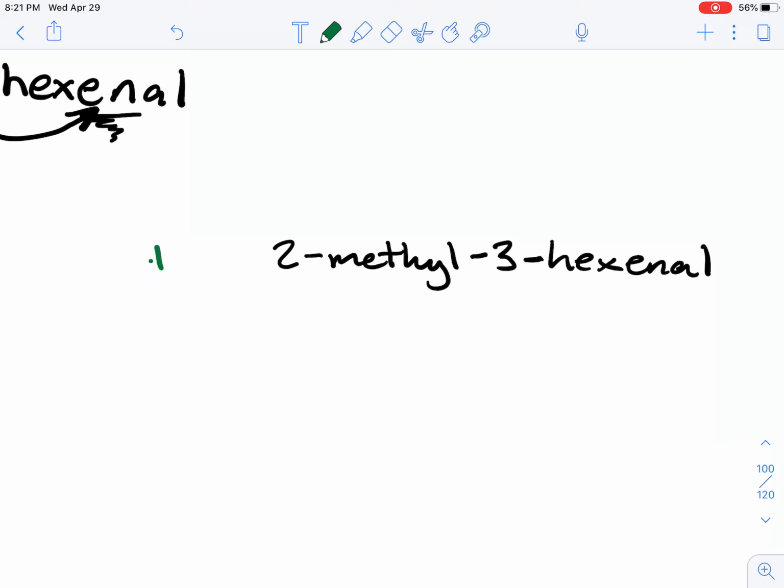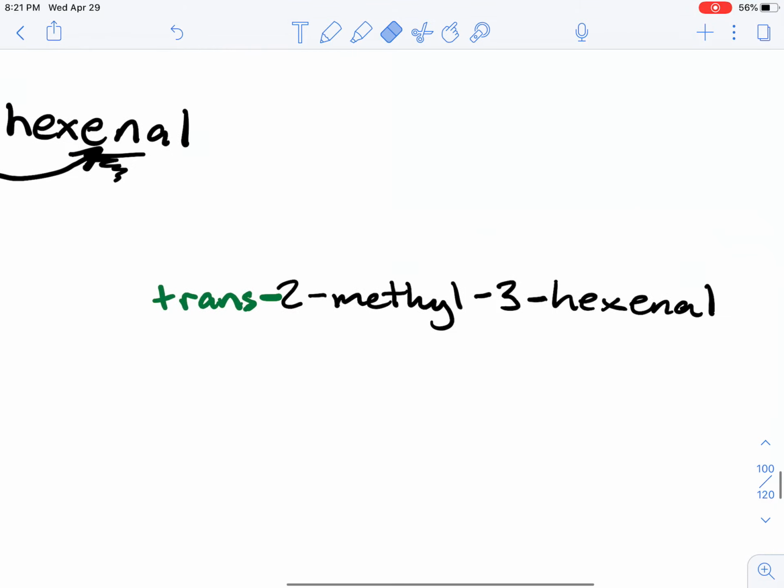And so in this case, it's going to be trans. And then now we're going from letter to number, so that I need a dash. So that's going to be trans-2-methyl-3-hexanal. And that would be my final answer.